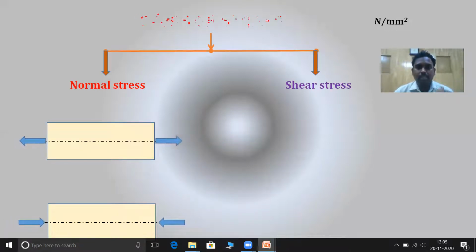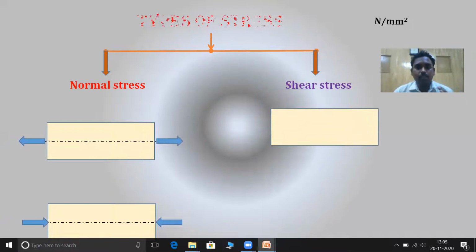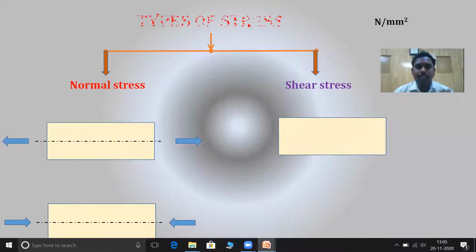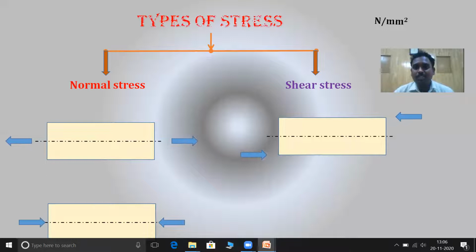So let's move on to the shear stress, and later I'll come back to the normal stress. In case of shear stress, in the same way, I will take the same example, a rectangular bar, and I will find the axis. In this case, I will apply a load here.